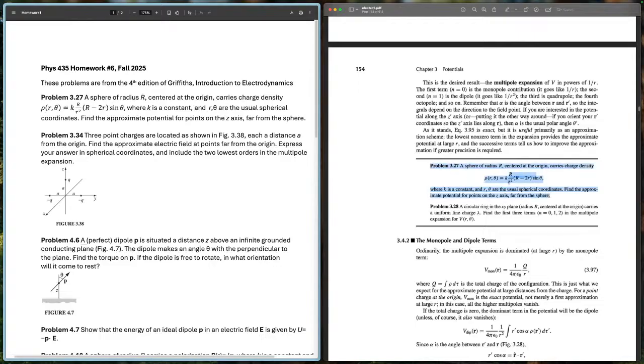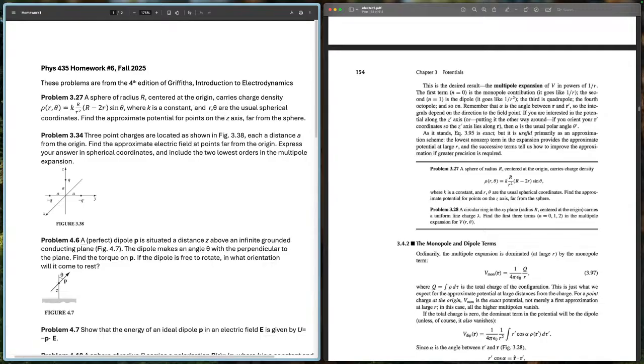Okay, so now I've located the problem in the textbook. And so it gives me the density of charge for a sphere with radius r.